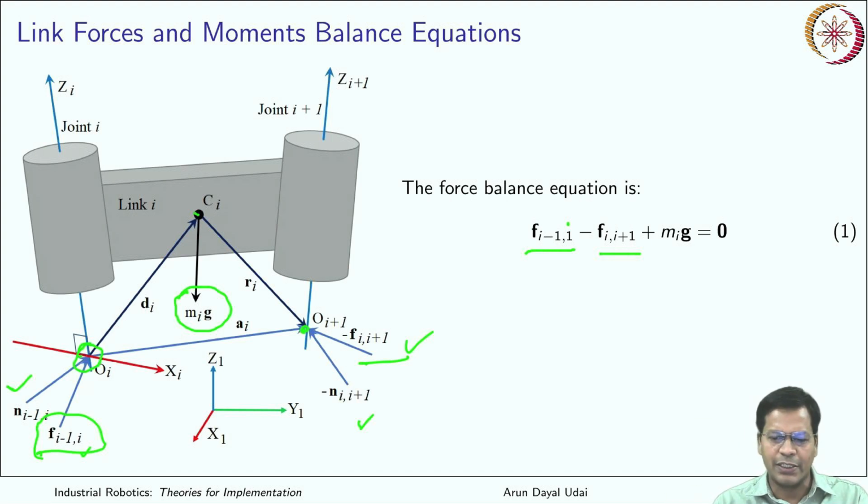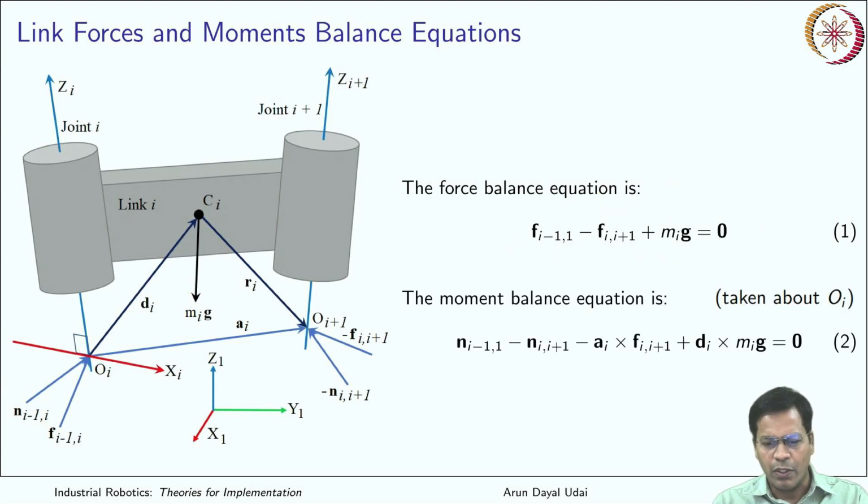So as a reaction it sees a negative force, and Mig that acts downward along the axis of g. Okay, so that comes here. So the sum of all those forces should be equal to 0. Mind it, this is not just 0, it is a 0 vector. So this is a 3 cross 1 vector, this is 3 cross 1, this is 3 cross 1, same as this one also. Okay, so that is the force balance equation.